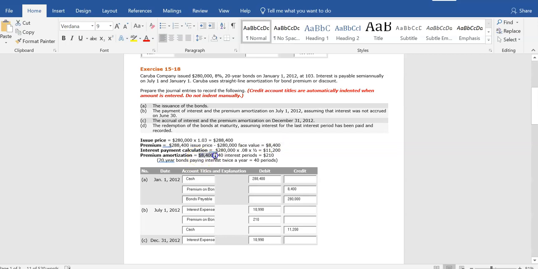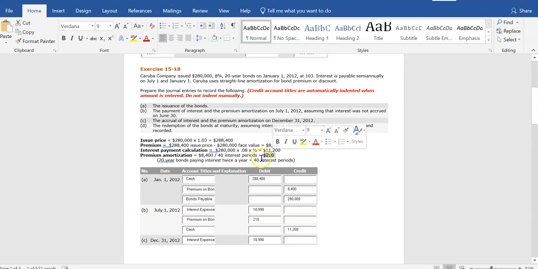Thus, if I take the $8,400 premium and divide it by the number of interest periods that I have to spread it over. These are 20-year bonds that pay interest twice a year, so there will be 40 interest periods. Thus, I have 40 interest periods to spread the premium over.